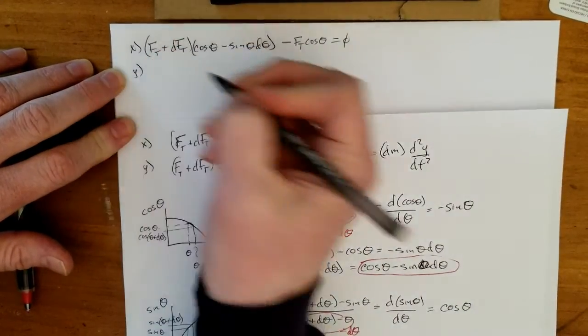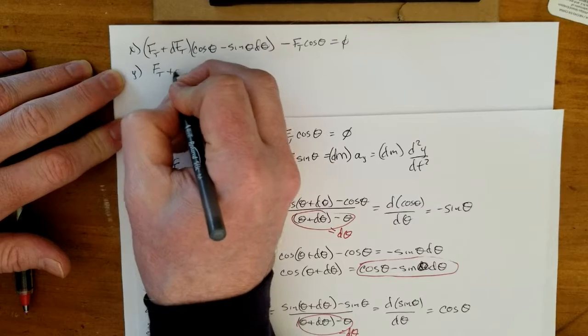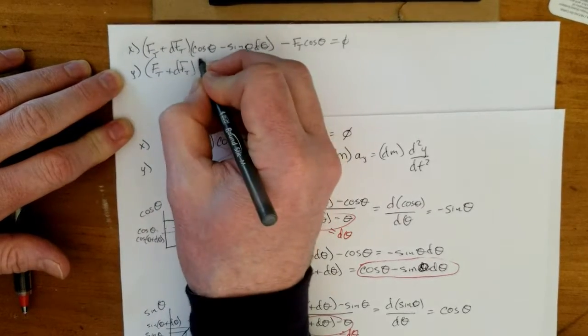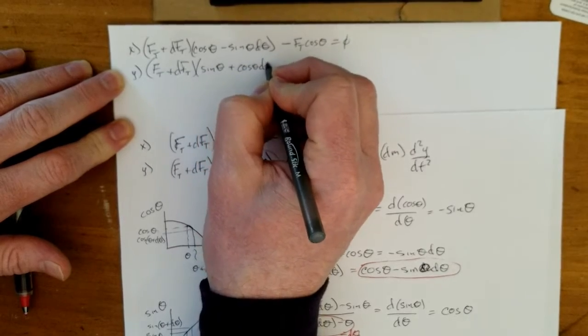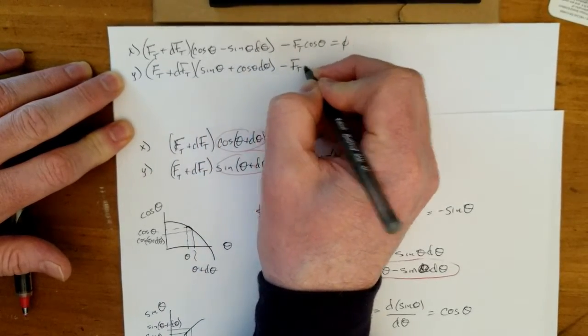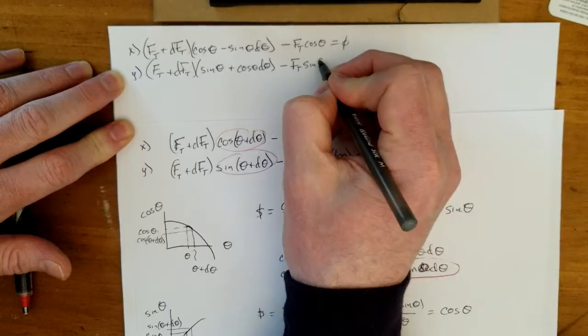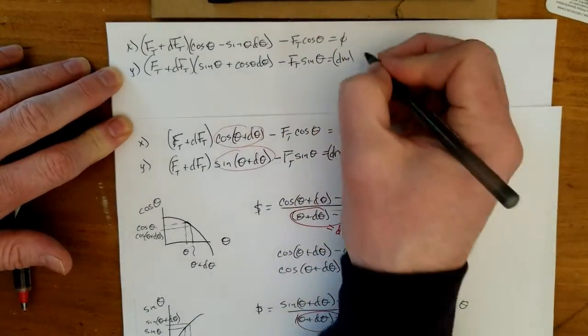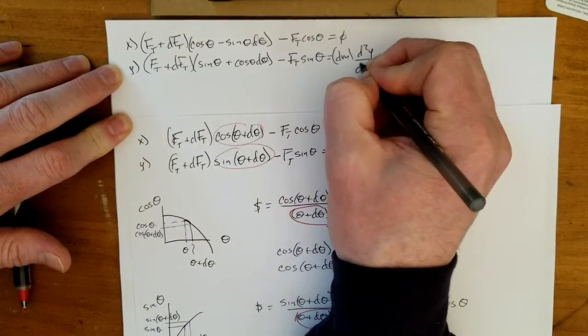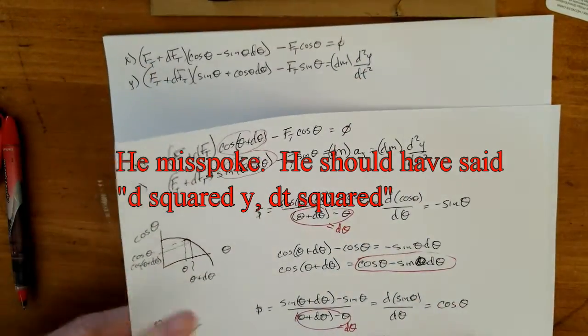And my y equation becomes FT plus dFT times sine of theta plus cosine theta d theta, minus tension sine theta is equal to my differential of my mass times my acceleration, d squared y over dt squared.